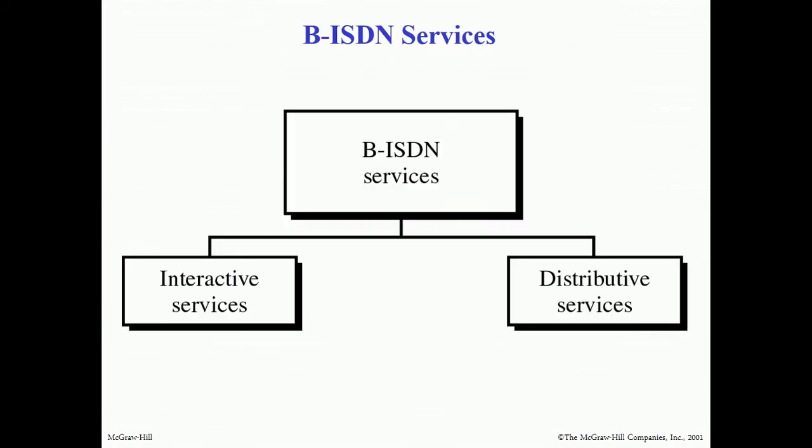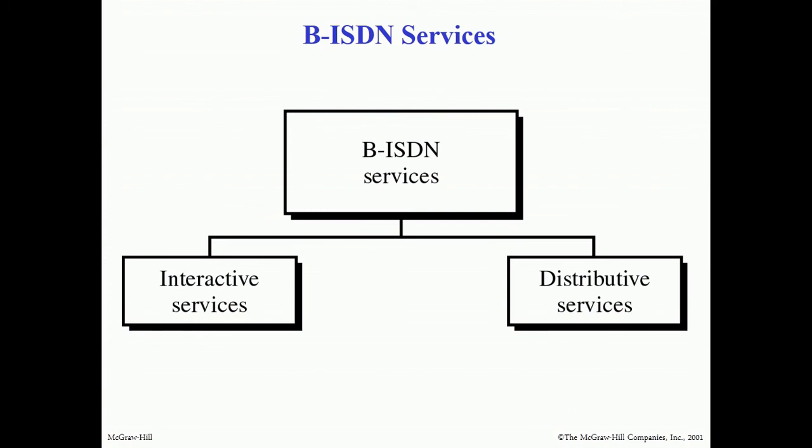Okay, so for the broadband ISDN, integrated services digital network, there are two types of services: interactive and distributive services. In interactive services, the user can initiate the service and influence its direction.